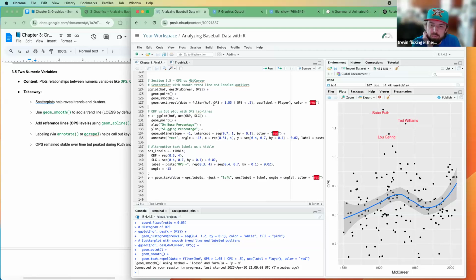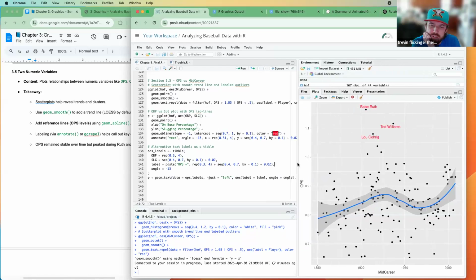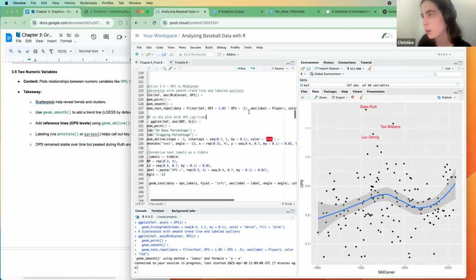Did it get cut off with the Zoom at all? Yeah, I wonder, oh, you're right. I wonder why. I feel like seeing more of the OPS would be good.